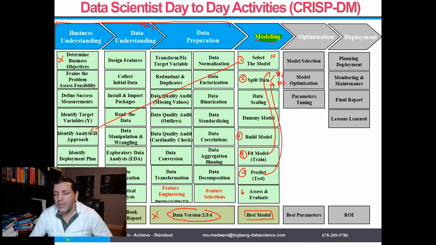My son, 9 years old, could do the modeling. It's easy, it's a piece of cake. The problem is data understanding, problem understanding, and data preparation. So prepare to spend more than 70% in these first three phases of your analytical project.